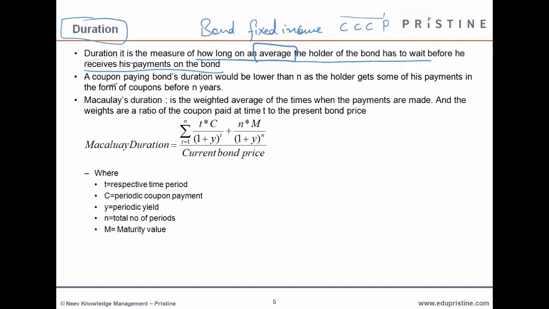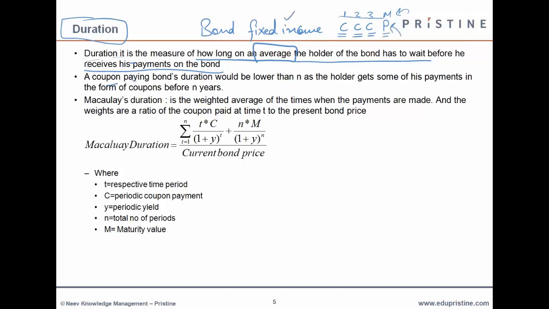I'm creating a timeline here which starts with year 1, year 2, year 3, and a maturity point. So the bondholder receives coupons which are fixed, that's why it's called fixed income security, and he receives the face value or the principal of the bond.